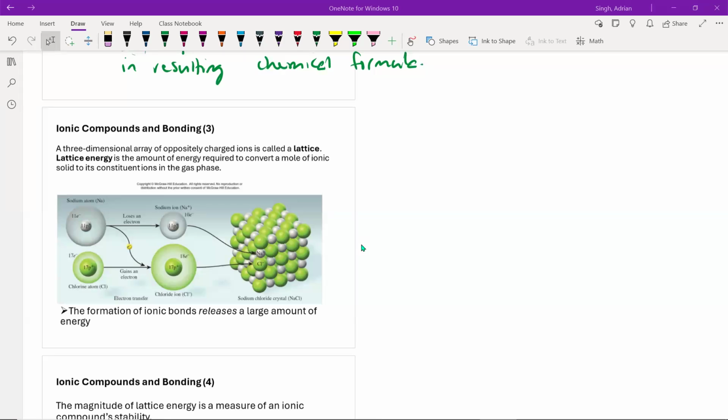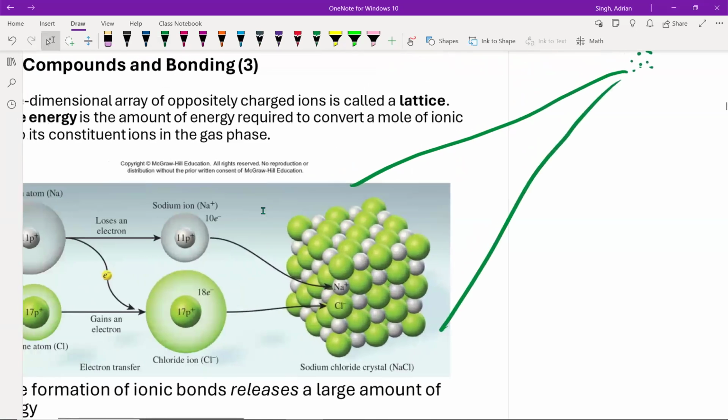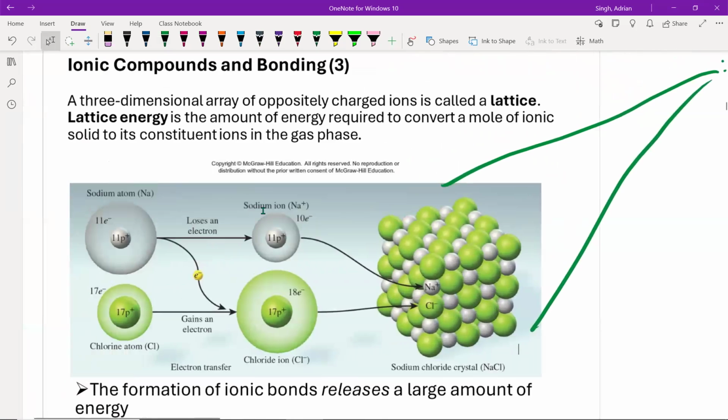So for example, if I have some salt crystals, and you were to zoom in on the smallest piece of salt crystal that you have, what you would actually see are billions upon billions of sodium ions and chloride ions that are arranged not in a haphazard way, but in a repeating arrangement of positive and negative ions that we call a lattice.